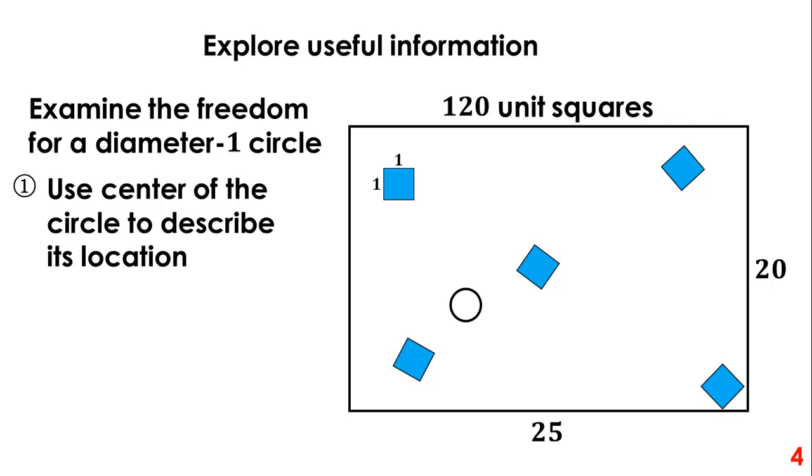In order to describe the location of this circle, the best way to do it is use its center. Center gives us the location. Although its size also matters, because is the space big enough for this circle?